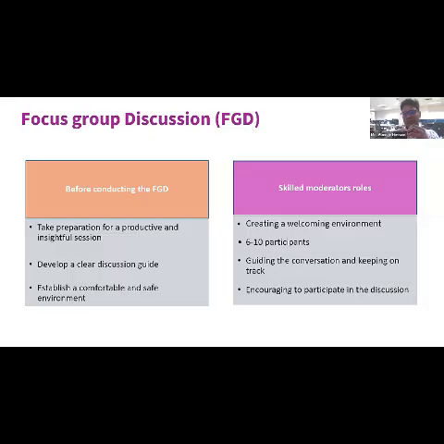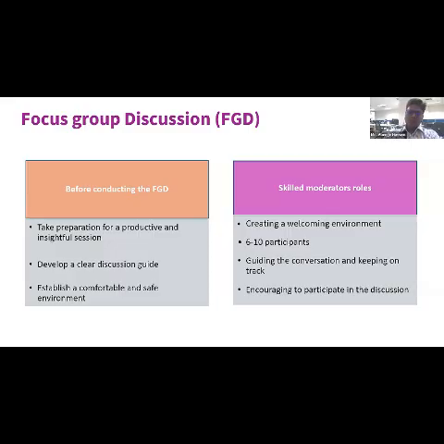For this, they can get insightful, rich data by probing or asking during the discussion, and develop a clear discussion guideline which can help to find the gaps and give them some space to get a clear understanding, as well as the researcher and others, and establish a comfortable and safe environment for all.